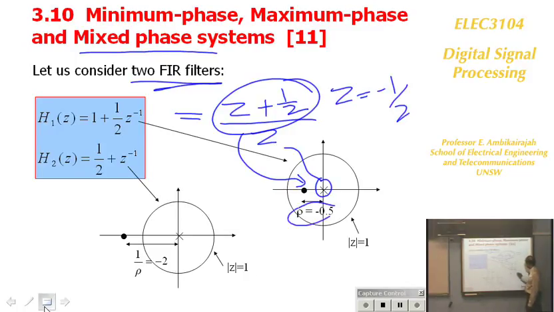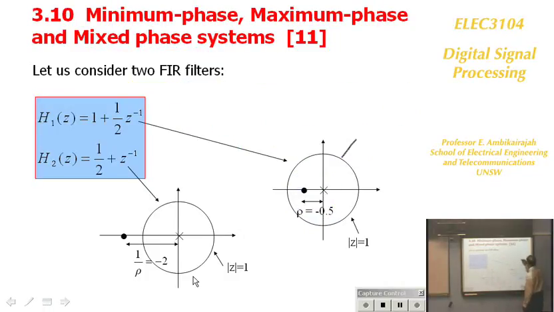So the 0 is at -0.5, which is inside the unit circle. This is mod that, equal to 1.